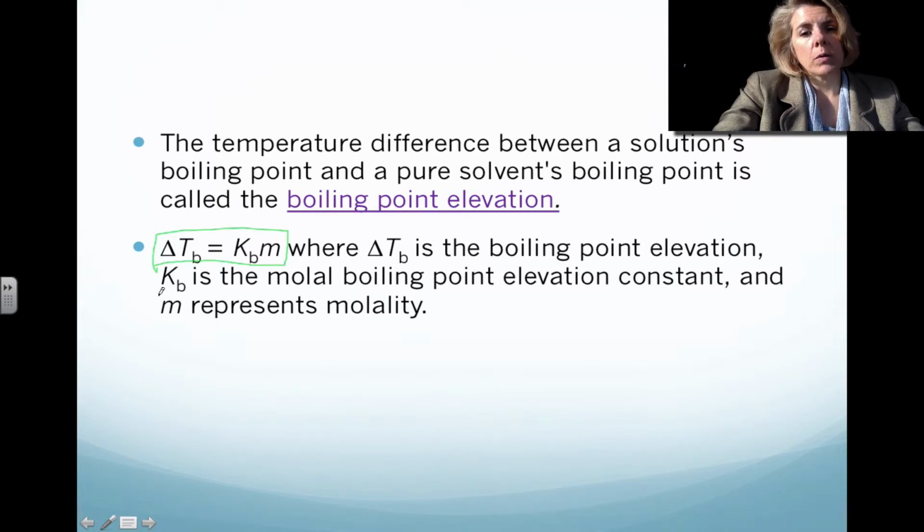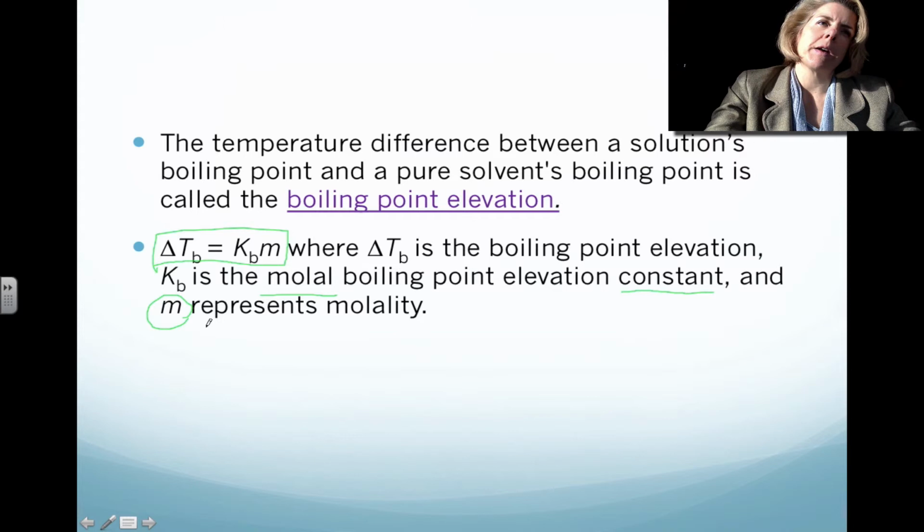And Kb will be given to you, and that's what we call the molal boiling point constant. So that'll be something that's supplied to you. And then lastly, m is molality. So m is not mass, it's molality. Now don't worry, you don't have to calculate molality, you'll just be given molality.